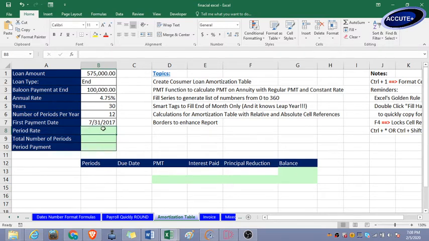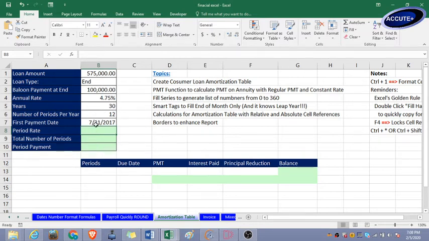So if we want to find the period rate, or rather the monthly period rate, the number of payments per year has to be 12, and we've got 12 months, which means there have to be monthly payments. So how do we do this?